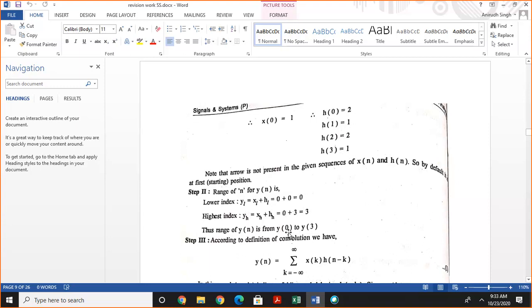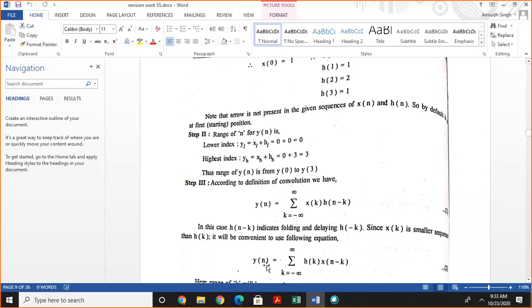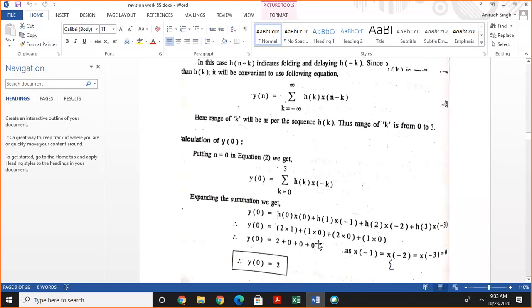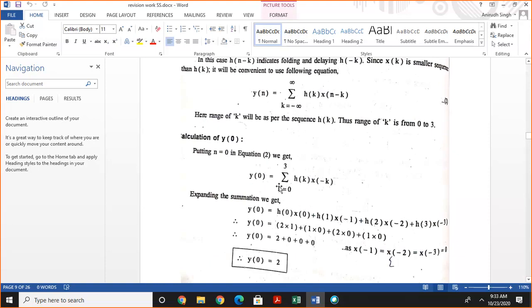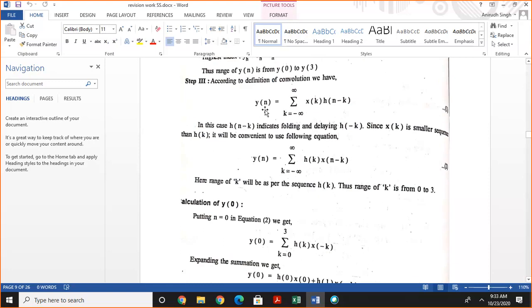For x, n is equal to 0, and for h the last value is n is equal to 3, so the range is from 0 plus 0 is 0 to 0 plus 3 is 3, so the range is from 0 to 3. So we have to calculate the values of y of 0 to y of 3.